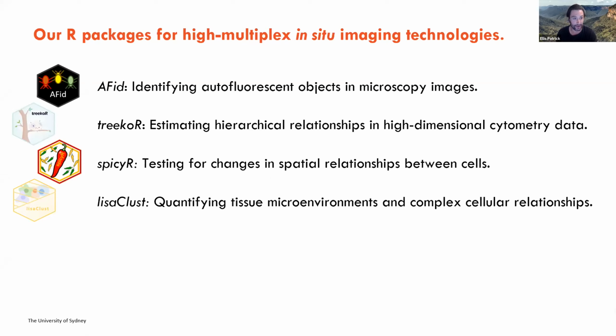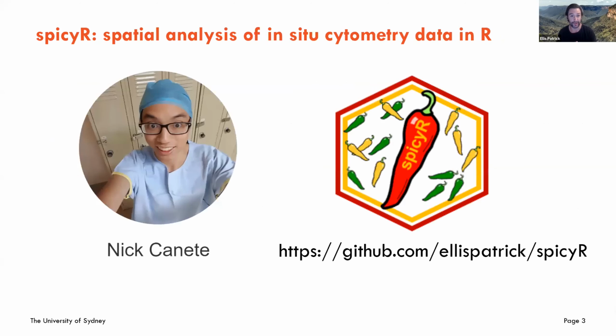Our university purchased a Hyperion imaging system a couple of years ago, and as a statistician, I've been getting slowly inundated with more and more IMC data. While there are lots of challenges around analyzing these highly multiplexed images, today I'm going to be speaking about some work from a really talented med student, Nick Kenyette, about how we've been analyzing some of the spatial components of this image data.